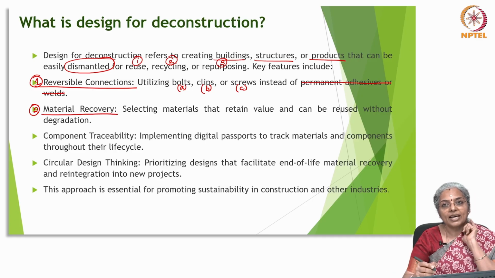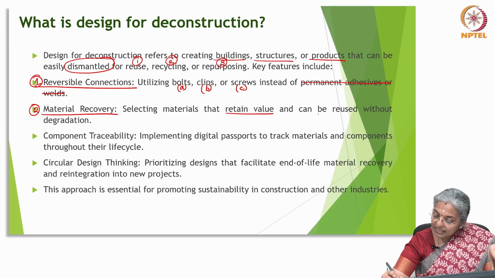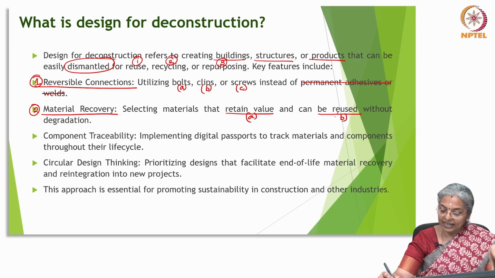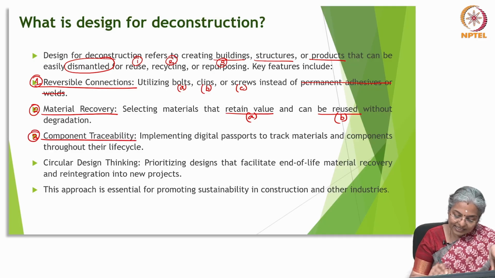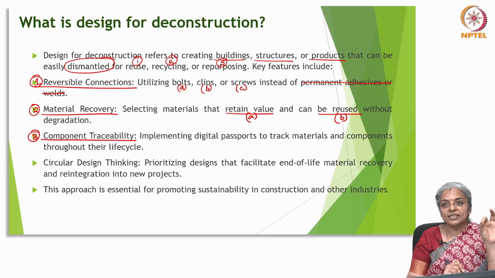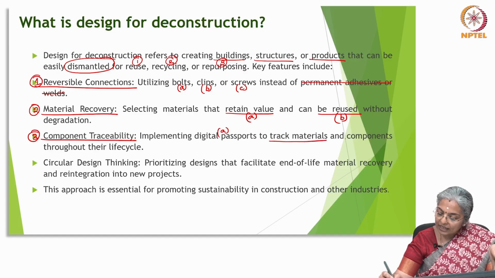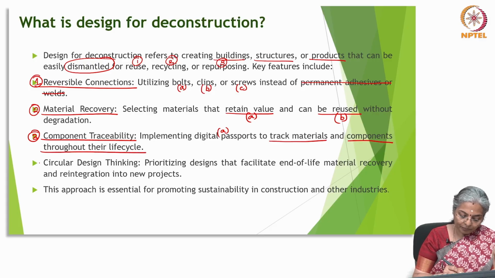So, try as far as possible to select materials that can retain value and can be reused without getting degraded. Third is component traceability. You must start implementing the concept of digital passports in order to track materials and components throughout their life cycle.